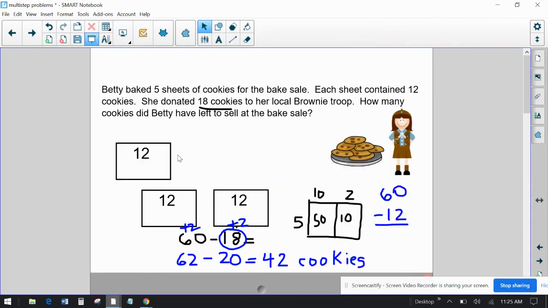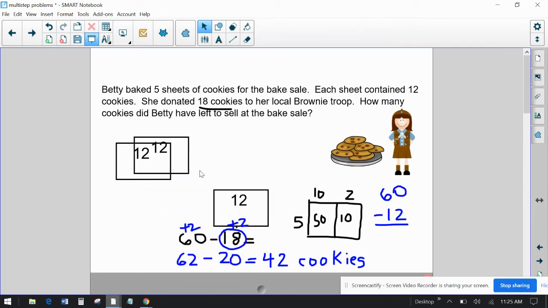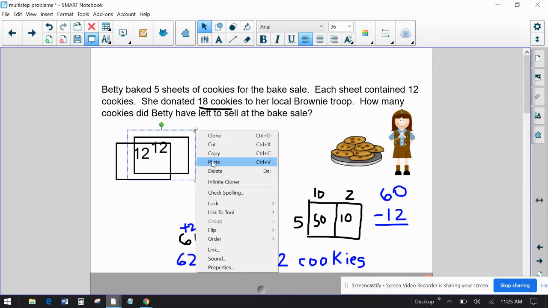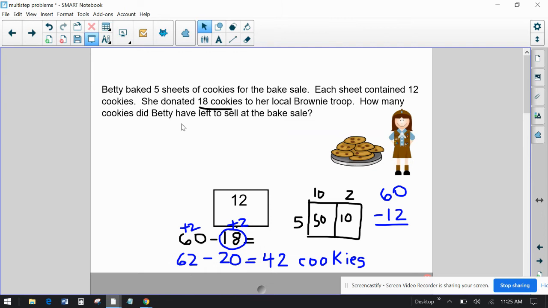So I'm going to delete this stuff here, and I'm going to make room. All right, here we go. First step, we had to find out how many cookies we had, and what I just deleted were those sheets of 12. So we did 5 cookie sheets of 12.